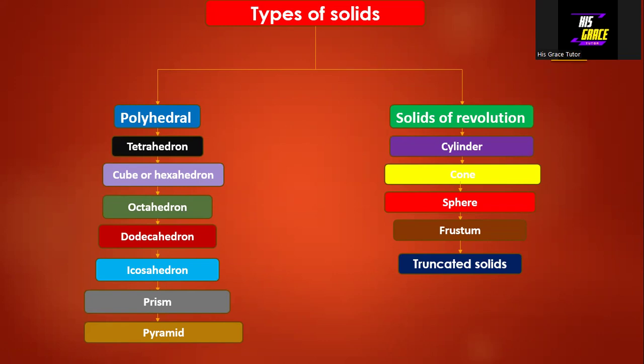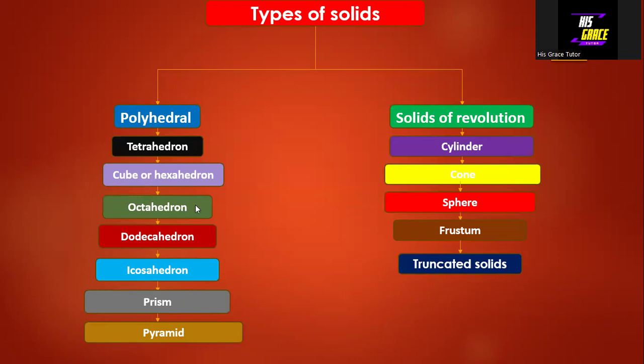Solids are divided into two; we have two types of solids. We have the ones that we call polyhedral, and we have solids of revolution. Examples of polyhedral are divided into 7. We have tetrahedron, cube or hexahedron, octahedron, dodecahedron, icosahedron, prism, and pyramid.